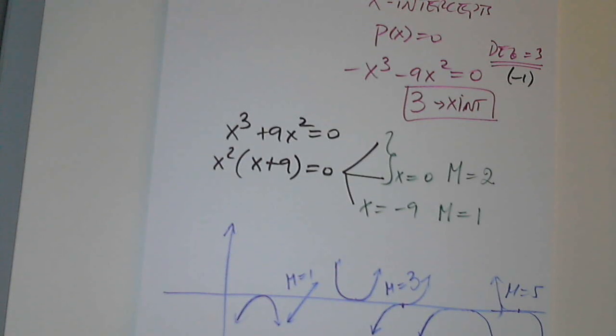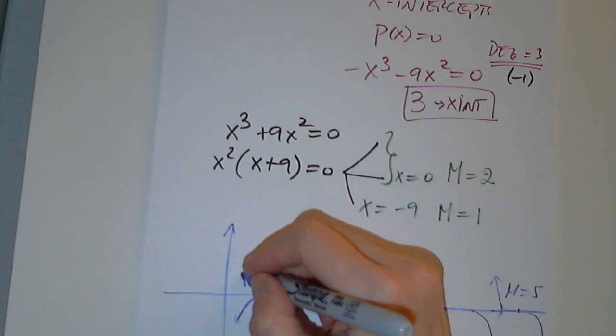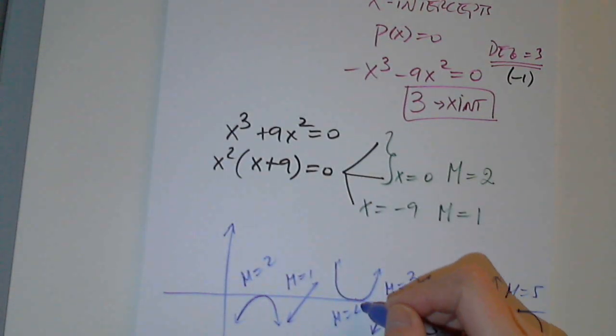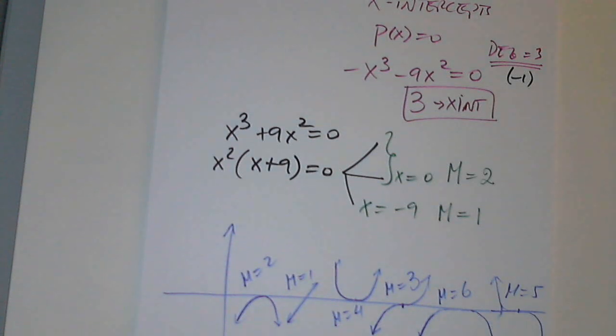What do you think will happen in these situations? Where it touches. It's tangent, if you want. But it does not cross. What type of multiplicity would that be? Just think of x squared, and you know what happens. Yes, even multiplicity. So this is 2, this is 4, this is 6.